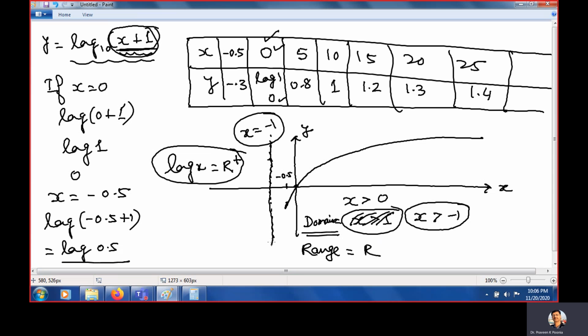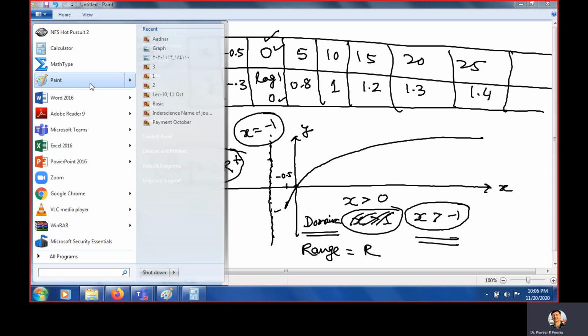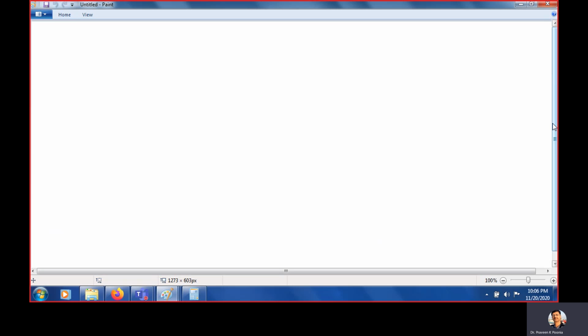X greater than -1. Because of what? X plus 1. So x can take values greater than -1. So the domain is greater than -1. So this is the change if we are taking x plus 1. Okay. So the value changes as per the x, meaning the function changes.